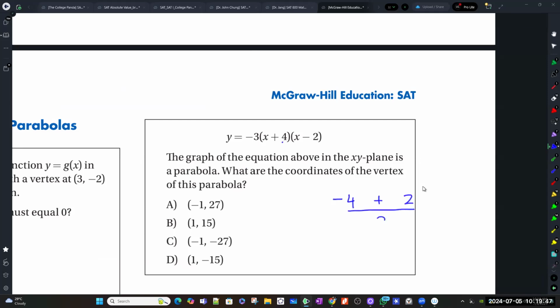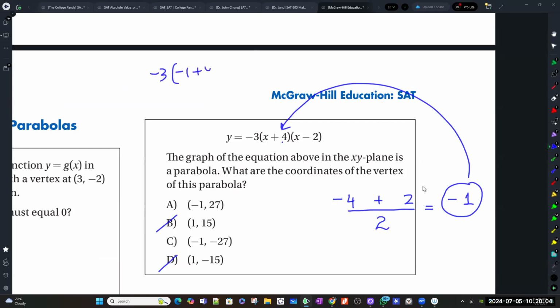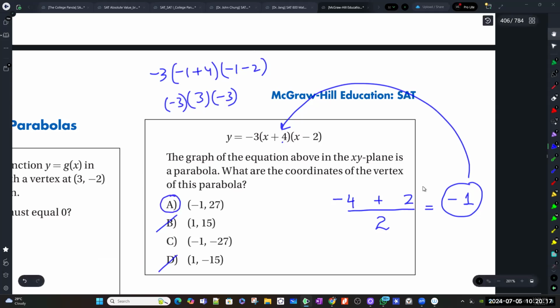The vertex x coordinate is the average of these two roots, or these two zeros. The average is -1, so it can't be B, it can't be D. And plug in -1 in here. -1 plus 4 times -1 minus 2. So that's 3 times -3 times -3. Minus into minus is positive. So you know that A is your answer.